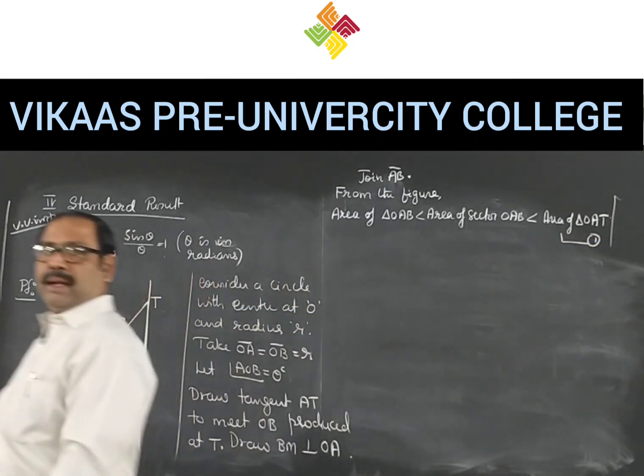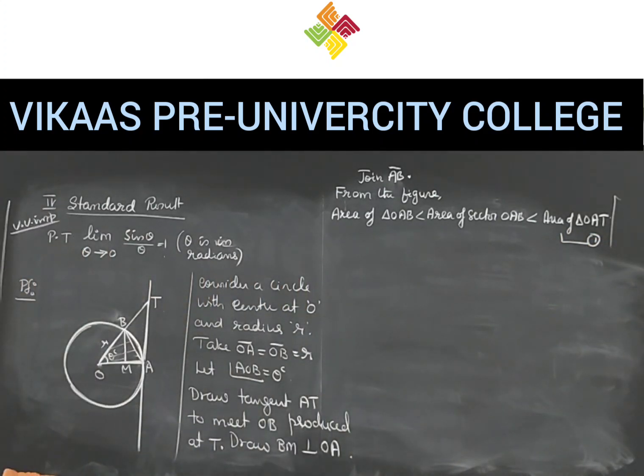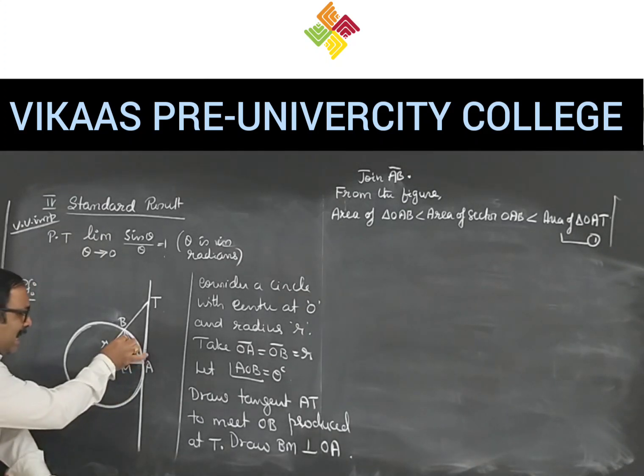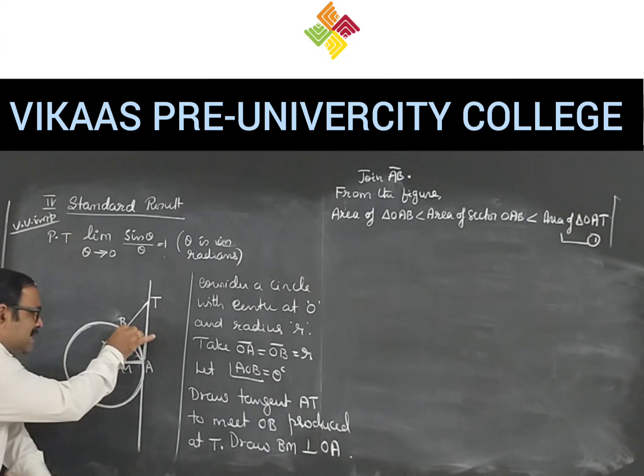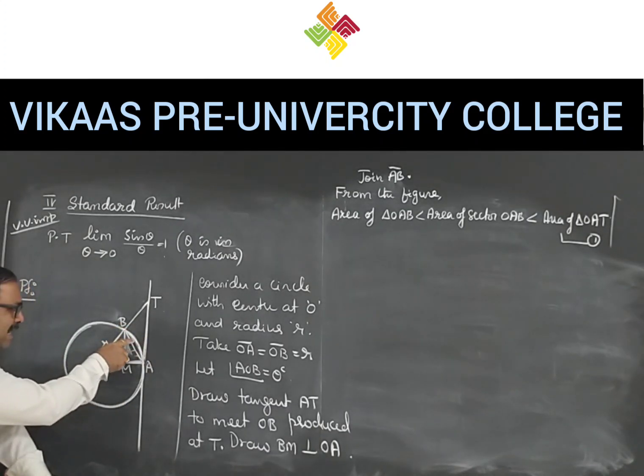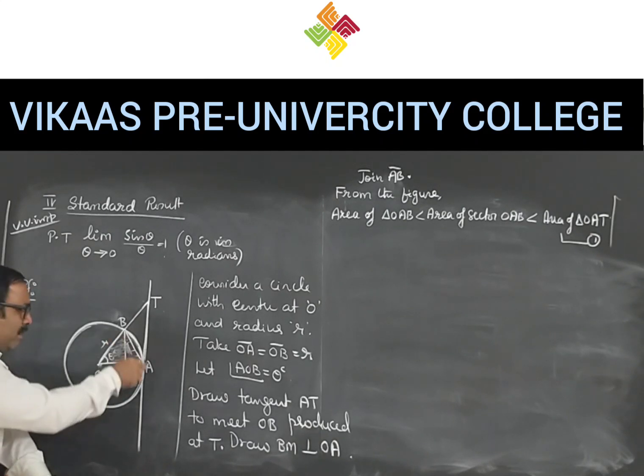Once again, what do you find from the figure? This is triangle OAB. This is sector because extra area is there. So always area of triangle OAB less than area of sector OAB.